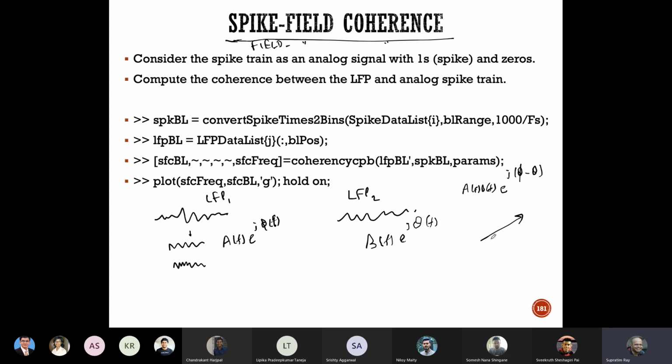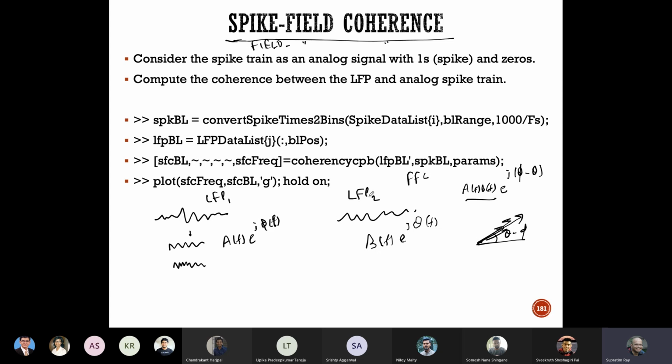So it's a vector whose amplitude is the product of the individual amplitudes and a phase which is the difference of these. And then you average it across trials. So if the phases are aligned, then you get a large component. If they are not aligned, they're all over the place, you get a small component. And then you divide by the auto spectra, which will normalize the A_f's and the B_f's. That is what you did for field coherence.